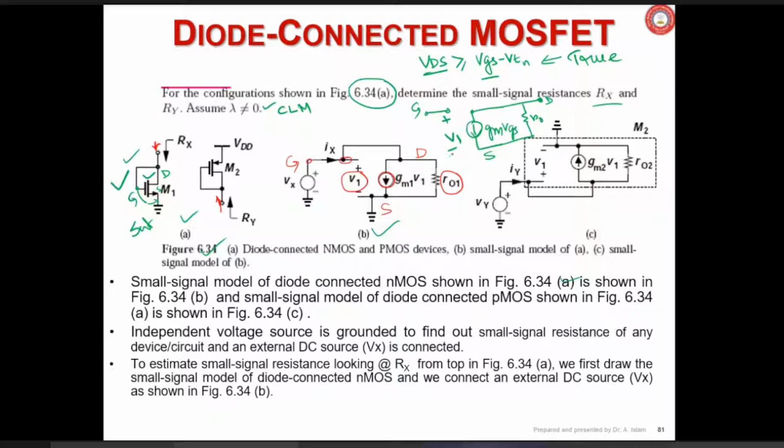So this V1, or you can say VGS, in this model so far drawn, is the controlling voltage that controls the ID. It is going to behave like a voltage controlled current source, gm VGS.